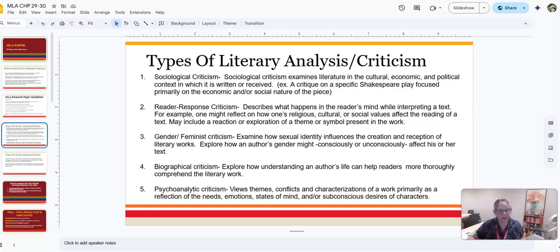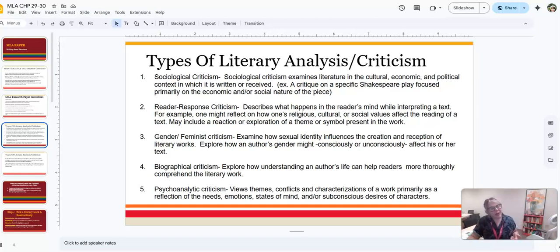Or you could do a reader response criticism. This one is a little harder for this particular text. Basically, you read the story and then you tell me how your own religious, cultural, or social values are reflected in the story and how that shapes your interpretation of events.